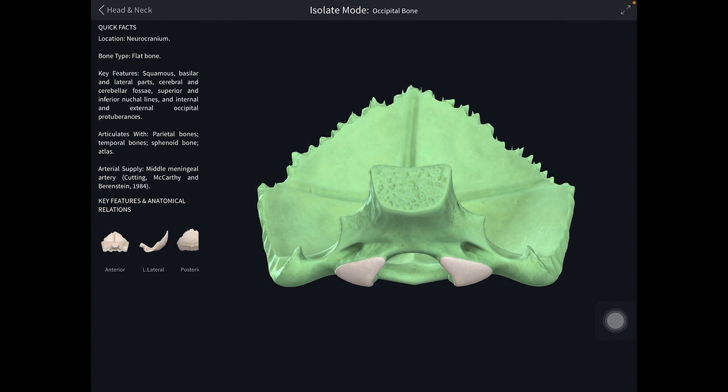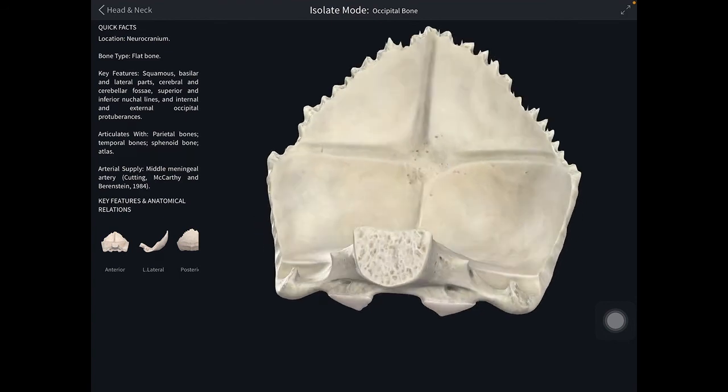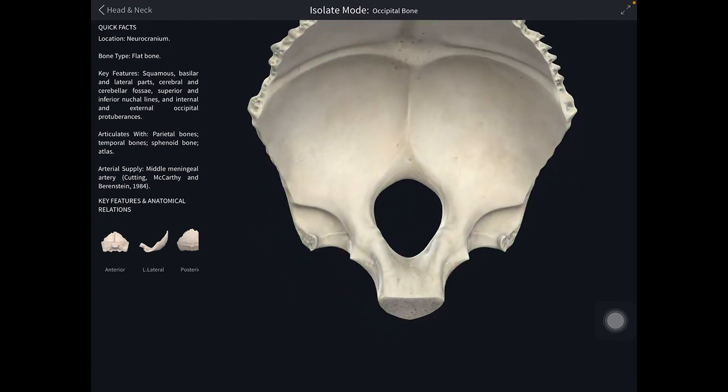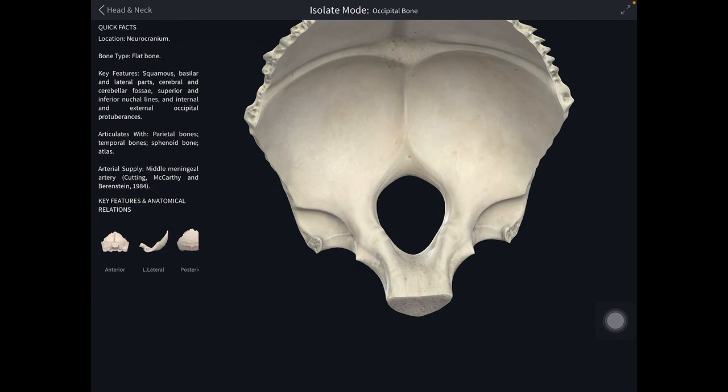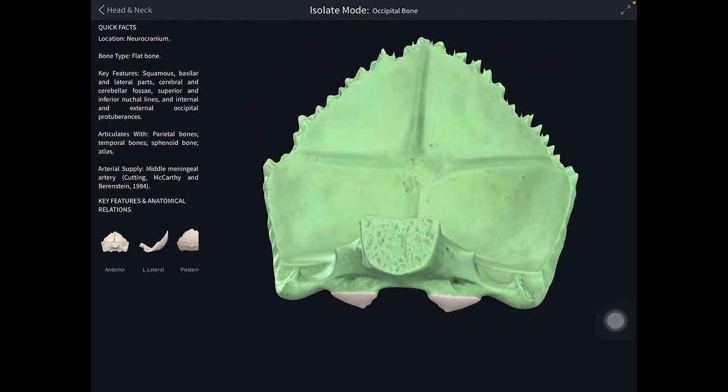So this surface is the inferior surface and this surface is the superior surface. The one present near the foramen magnum will be called the anterior surface. So this is the anterior surface, the part which articulates with the sphenoid bone.